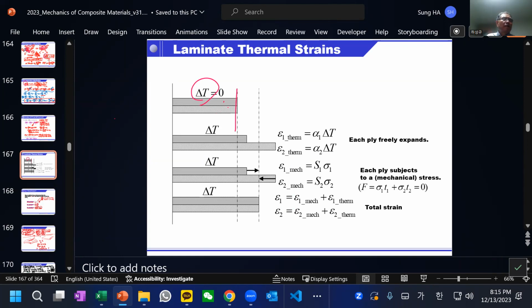They are at the same length. Now we have the delta T increased. I would say the simplest case will be a uniform delta T, top and bottom. Of course, delta T can vary through the thickness, but the simplistic case will be the uniform.